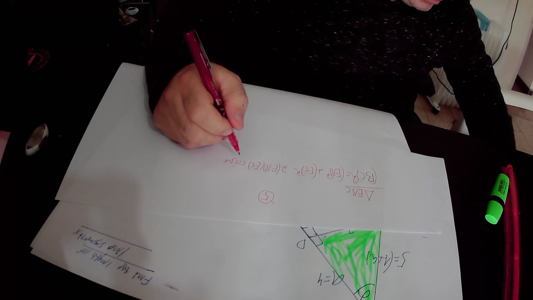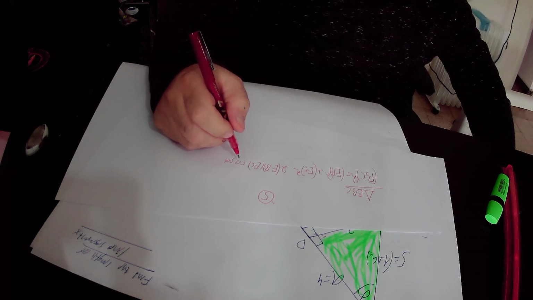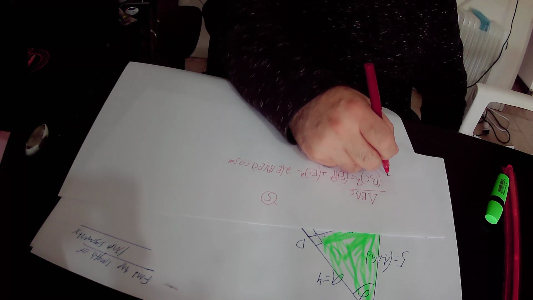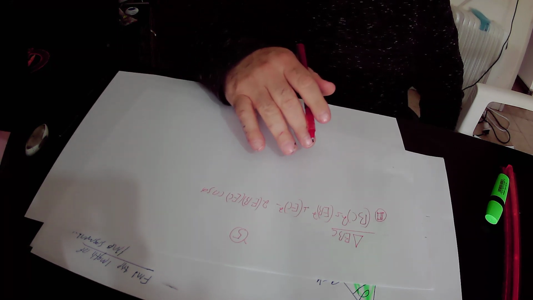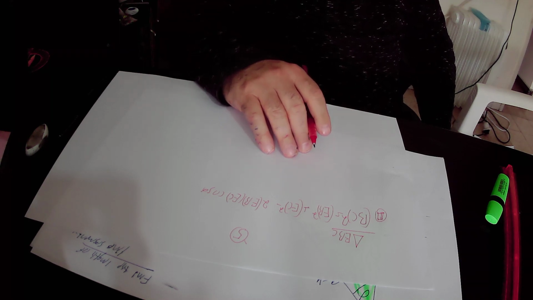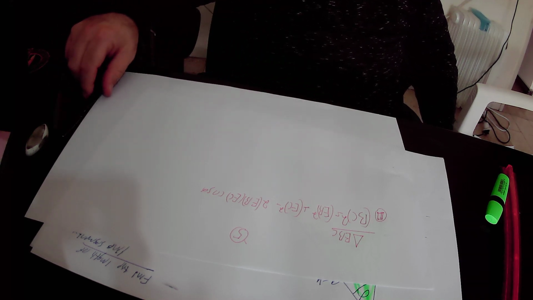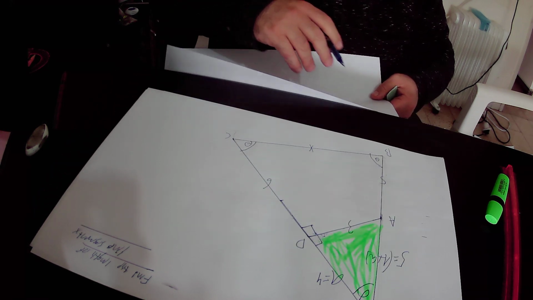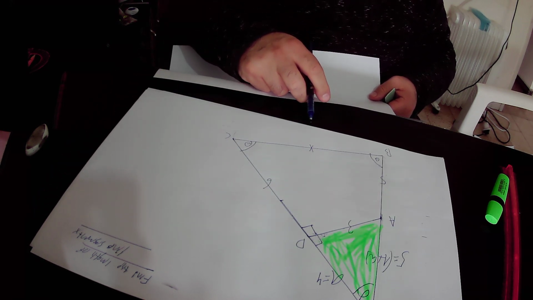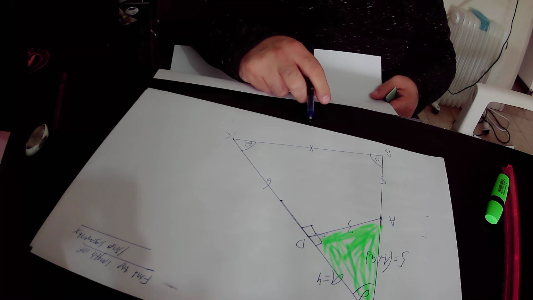So actually, equation number 3, this equation is the implementation of the law of cosines in triangle EBC. BC equals x, according to what is given in the question.